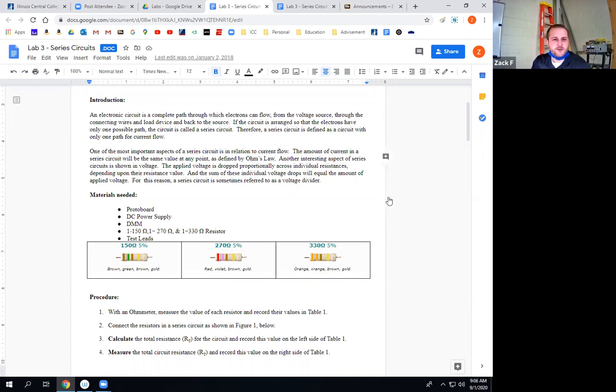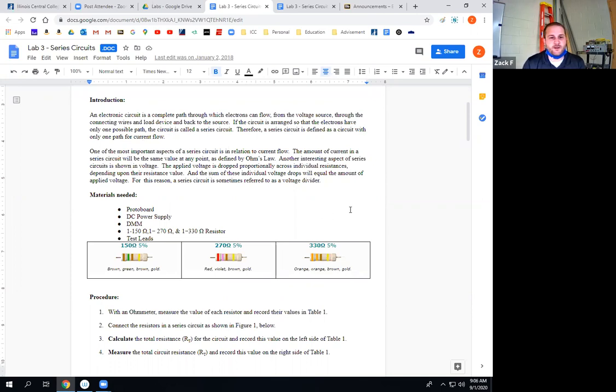An electronic circuit is a complete path through which electrons can flow from the voltage source through the connecting wires and load device and back to the source. The circuit is arranged so that electrons have only one possible path. The circuit is called a series circuit. Therefore, a series circuit is defined as a circuit with only one path for current flow.